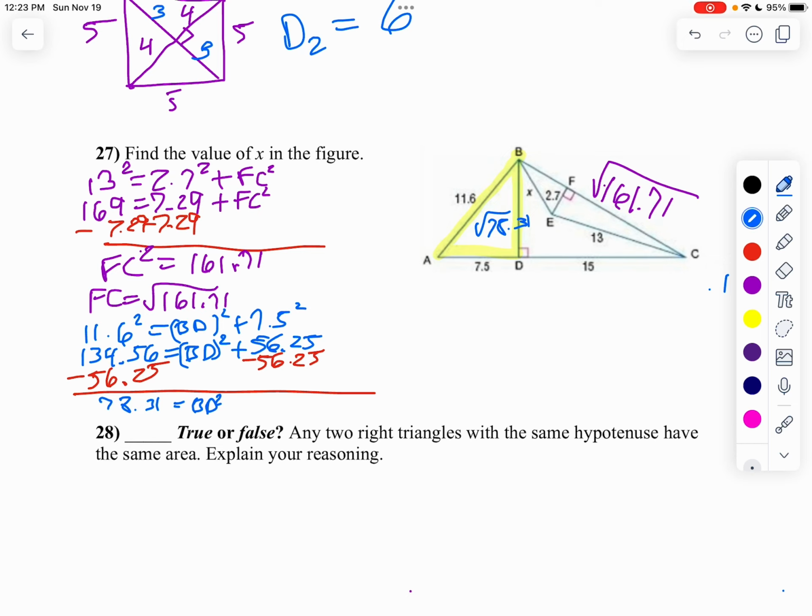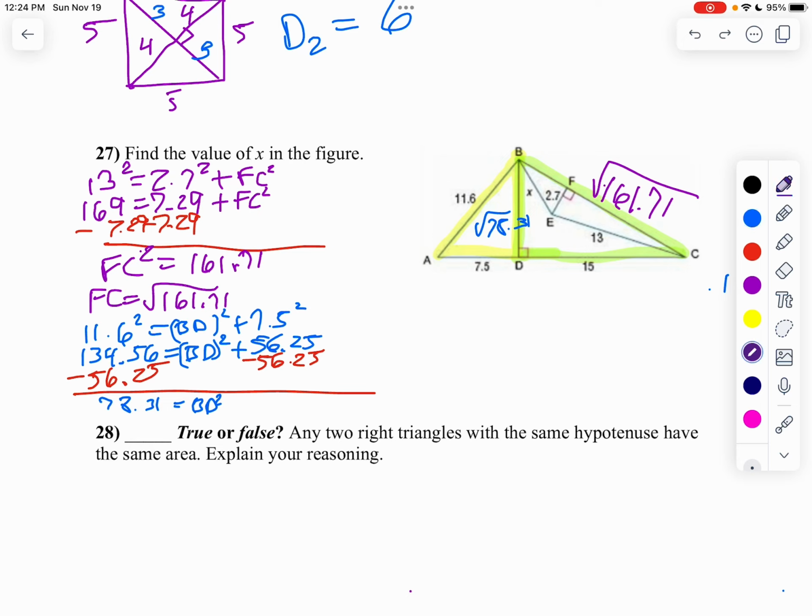Then that forms another right triangle. Notice BDC is my other right triangle. I already know part of BC is the square root of 161.71, but I'm going to use that part to find BC.